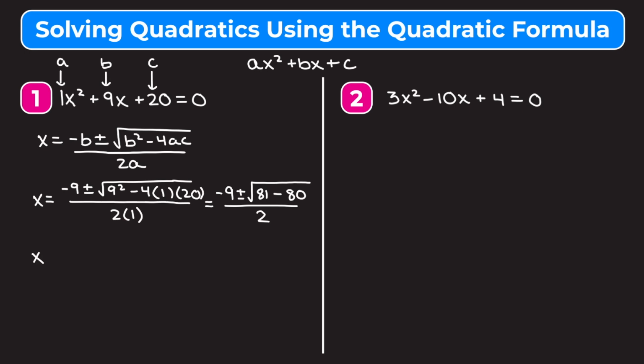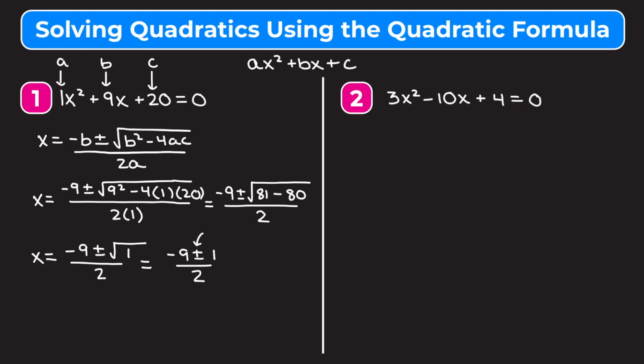And down here, I'll continue to simplify. So we have negative 9 plus or minus, and then in our square root, 81 minus 80 is just 1 over 2. And now we can take the square root of 1, which is just 1. So we have negative 9 plus or minus 1 over 2. And now you guys may notice this plus or minus symbol.